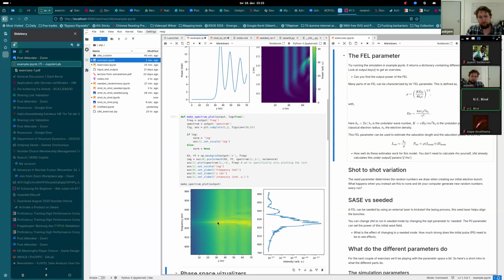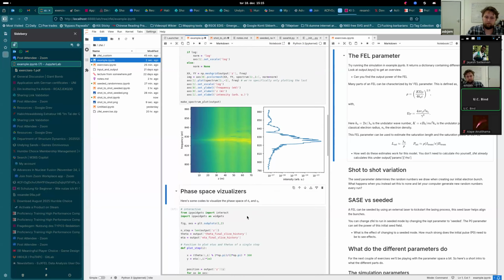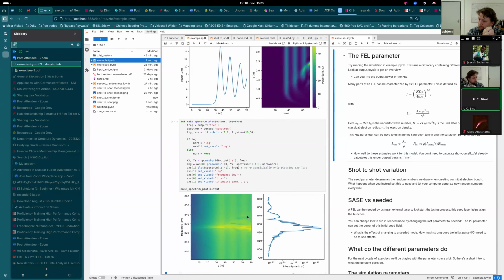There we can actually see that when we go beyond this saturation point, the spectrum starts broadening. Once the electrons have basically converted all their energy into the light field, but you keep pushing the electrons through the undulator, and you still have this back coupling of electrons and light field, then these nicely micro-bunched electrons start spreading out again.